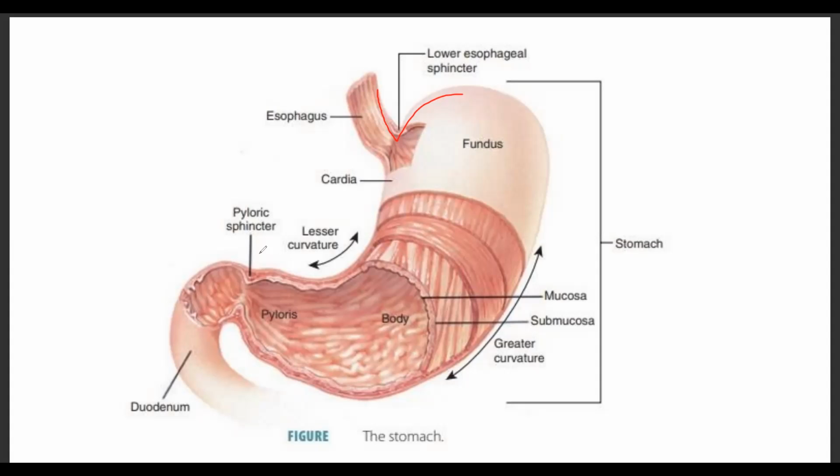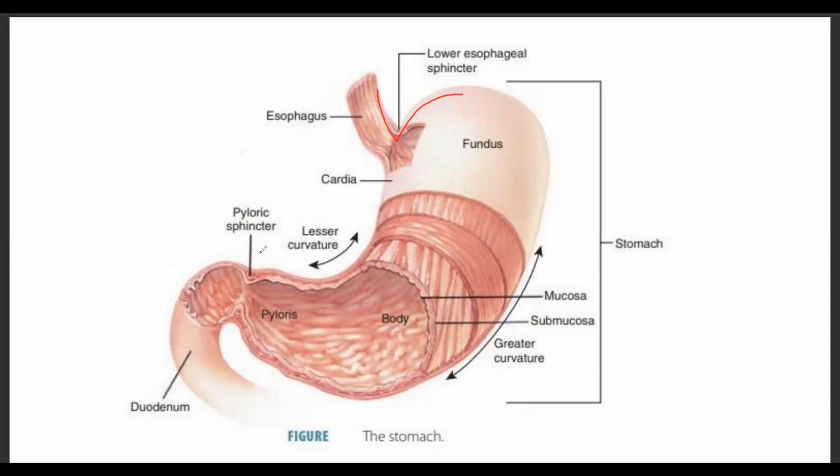Next point: sphincters are made up of circular smooth muscles. Next point: sphincters help to regulate the passage of materials between these organs.